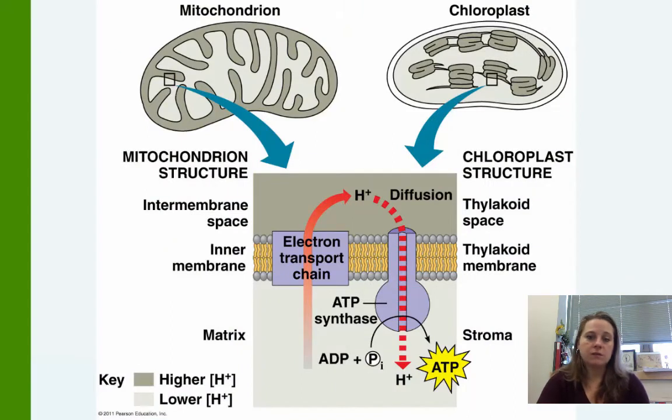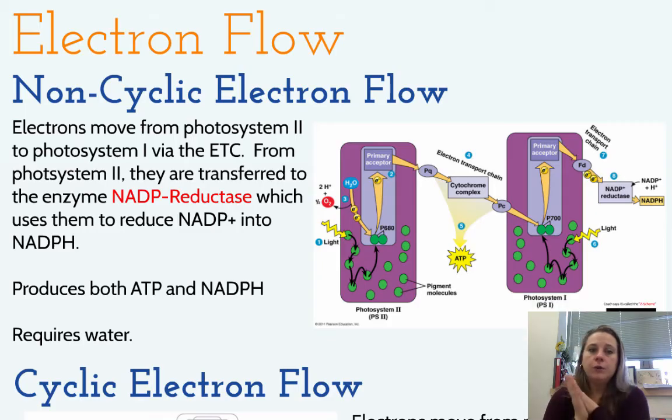So that's just a little bit of difference in terms of what's going on in the mitochondria versus the chloroplast. Take a peek: this is a non-cyclic flow of electrons. They start in one place, they end in another. There is no return back. This is why water is so important, because water provides our constant supply of electrons as we go through.